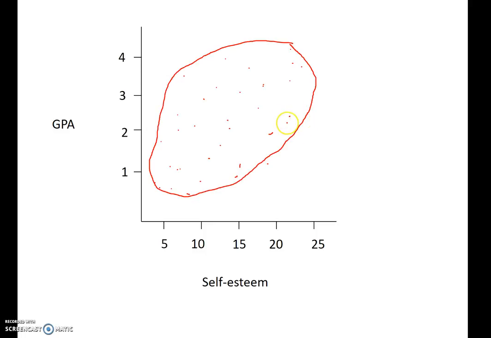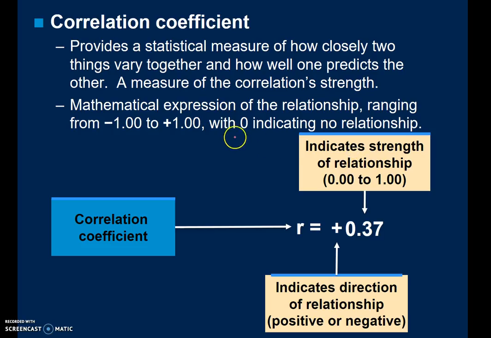It's still a positive correlation, but we would say it's a weak correlation, as opposed to the previous one, which appeared to be quite a bit stronger. So we can look at the scatter plot. If the pattern is tight, or narrow, we know it's a strong correlation. If it's spread out, it's a weaker correlation.